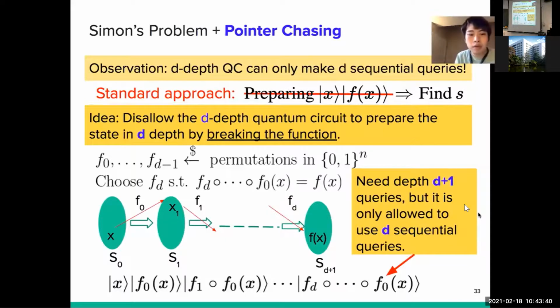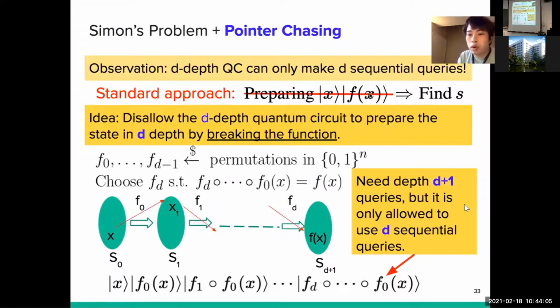And therefore, if you want to prepare f of x, you need to first query f0 on x, like f0 of x, and then you need to query f1, and then query f2. You need to do this sequentially. So you need depth d plus 1 queries to prepare the state x, f of x.